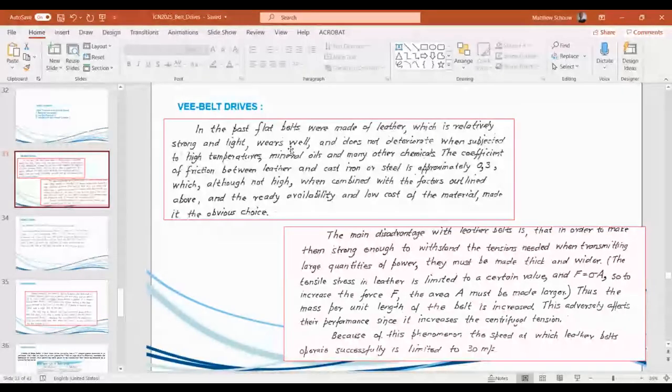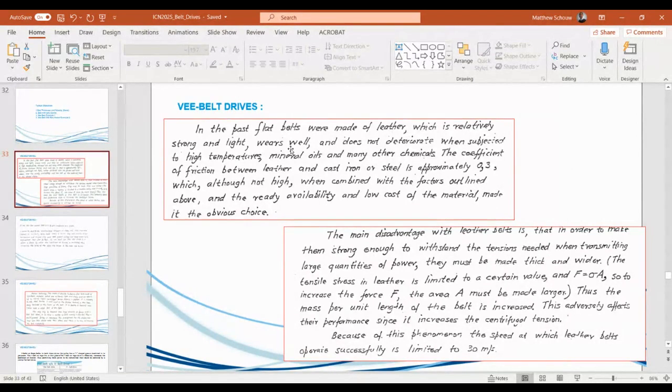To increase the force, the area must be made larger, obviously. Thus, the mass per unit length of the belt is increased. Of course, a heavier belt adversely affects performance and increases the centrifugal tension.